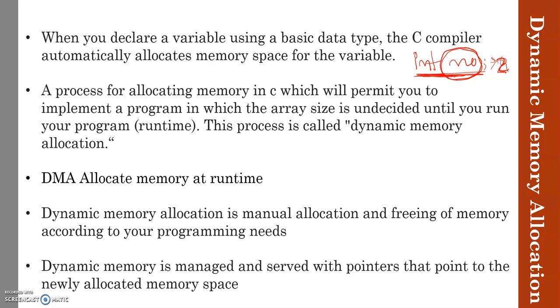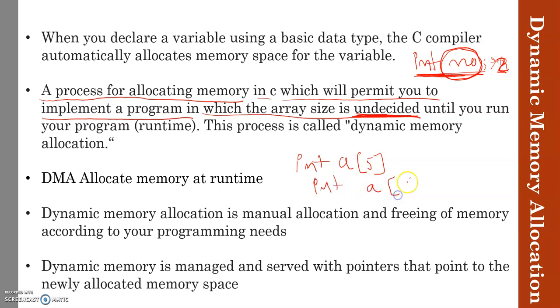Now, dynamic memory allocation is a process of allocating memory in C which permits you to implement a program in which the array size is undecided. I can write integer a of 5, which means I know the size of the integer array is 5, but if I write integer a and leave it blank, I don't know the size, it can be n.